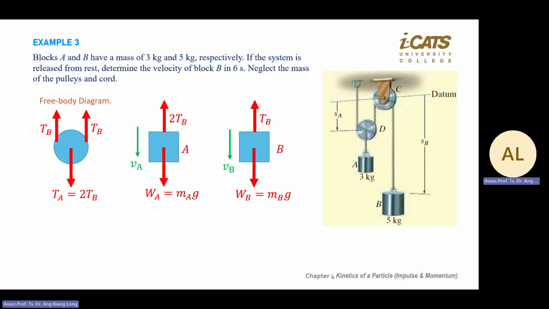Although you know that if you release B, A will go up. But this is for your analysis based on the diagram with the datum. With the datum, this is mathematical analysis, vector analysis.